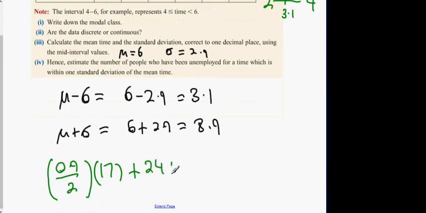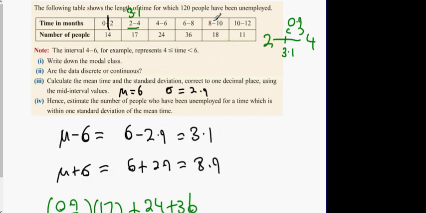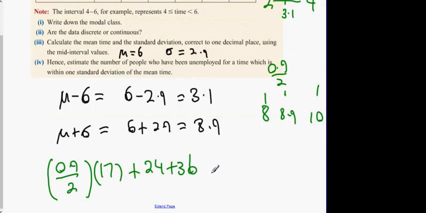And then we're going to look at the next one, which is basically 8 to 10. Now it stops at 8.9, right? So once again, 8 to 10 is here, and 8.9 is in here somewhere. So it's going to be 0.9 over 2 again. Now this is just a more accurate way of doing it.